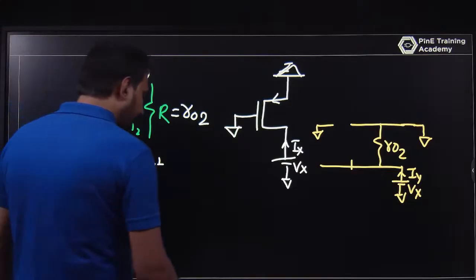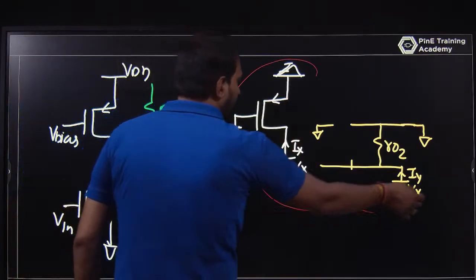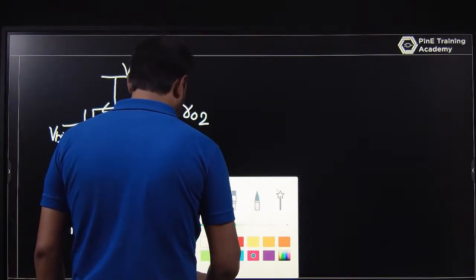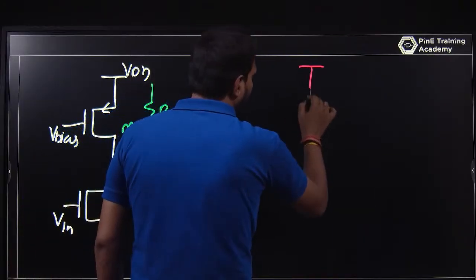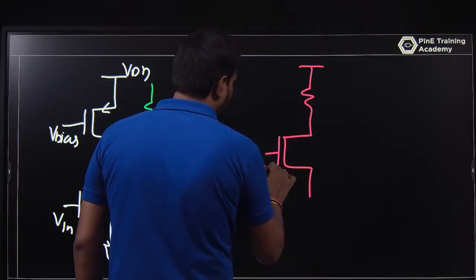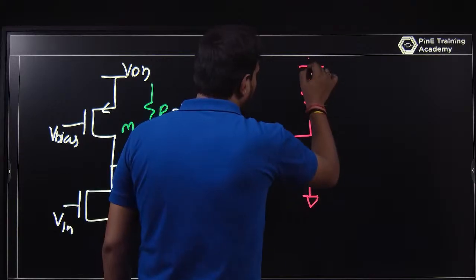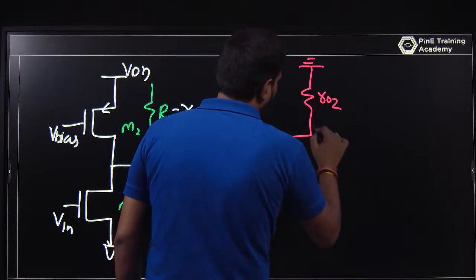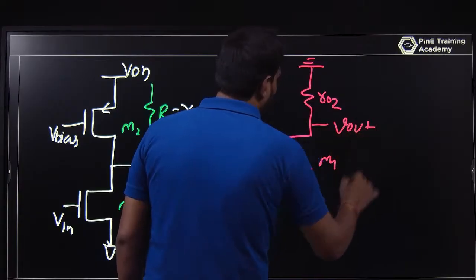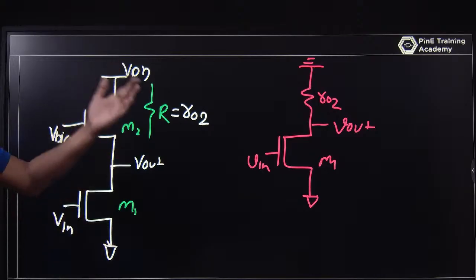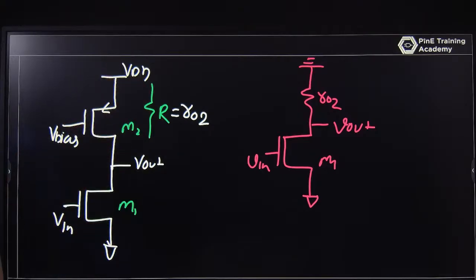So I can say that the circuit will be like this. In the place of R, it becomes r02.